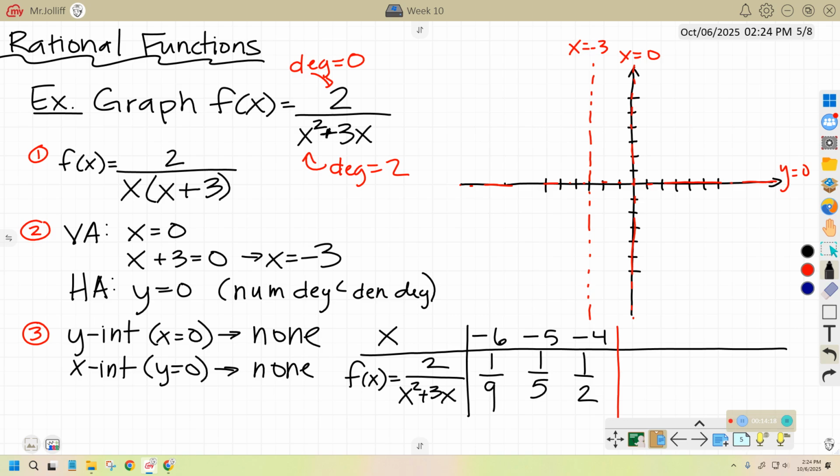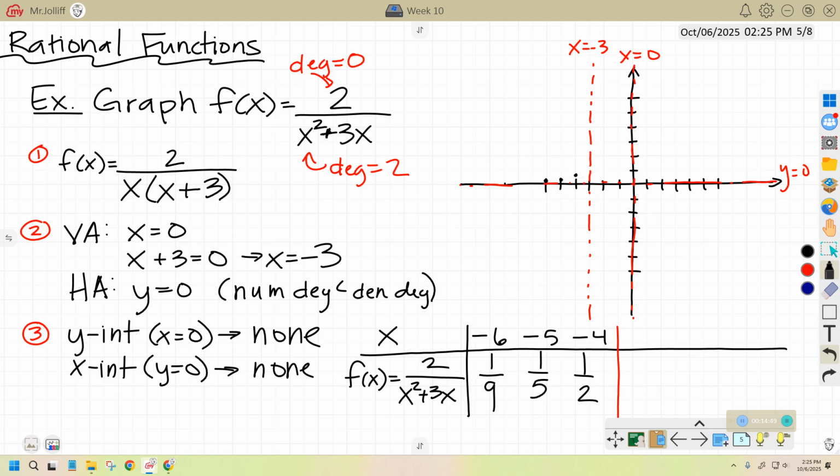Again, please feel free to grab a calculator, check my math. I am sleep deprived. It could be wrong. But I did this in 4th period and nobody complained. So I'm assuming that's probably correct. We will get there in a minute. One thing at a time. So I'm going to put those on the graph. -6 is almost 0. 1/9 is pretty small. -5, it's at 1/5. -4, it's at 1/2.